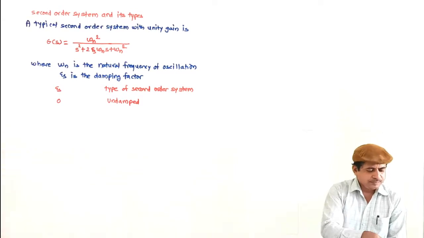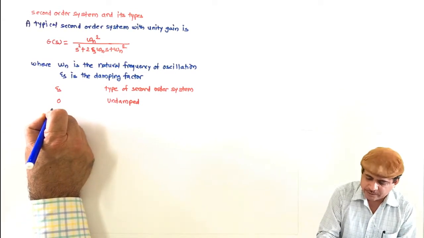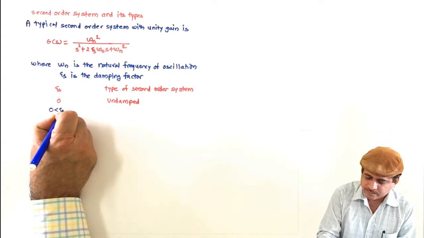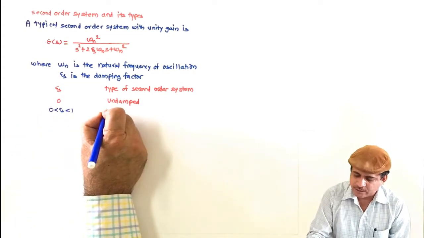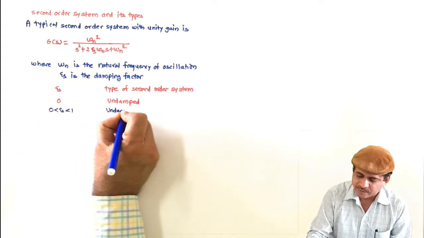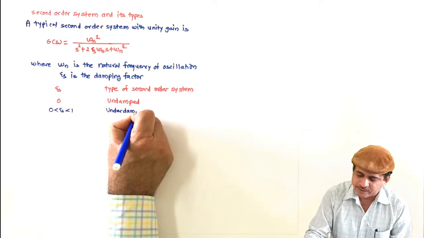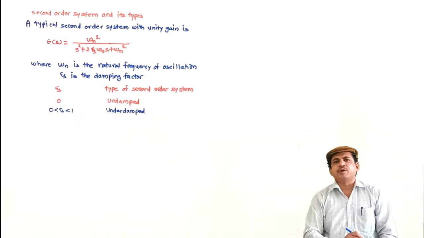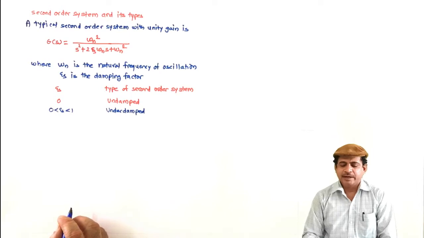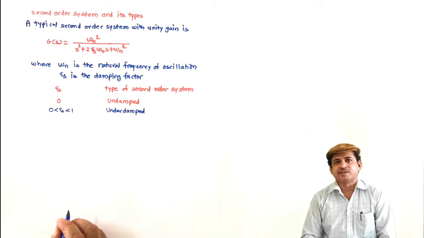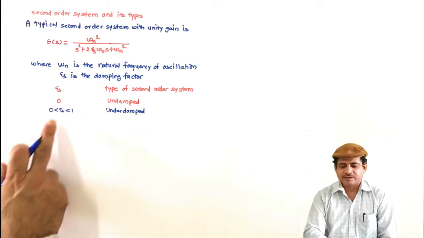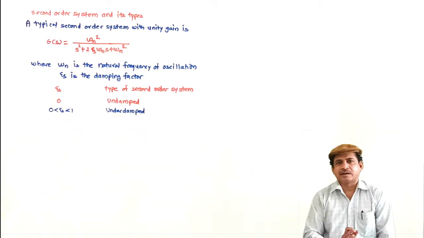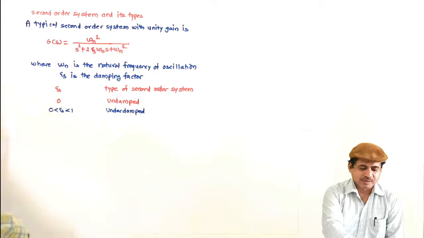Now, if zeta is between 0 and 1, it is called an underdamped second order system. This is the important class, and most of the desired responses in control systems are underdamped with zeta around 0.8.